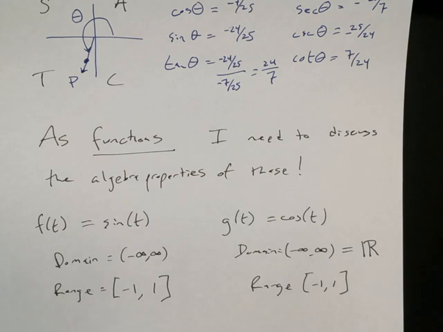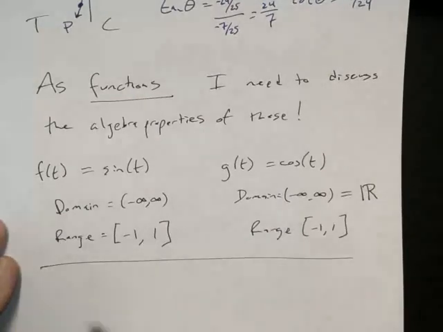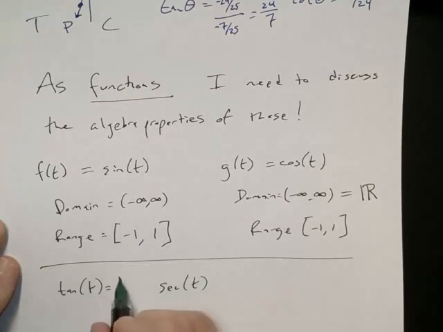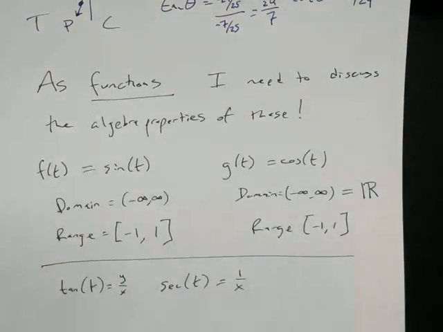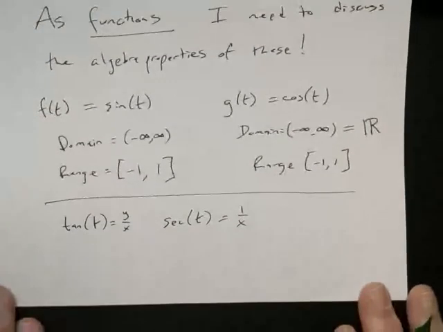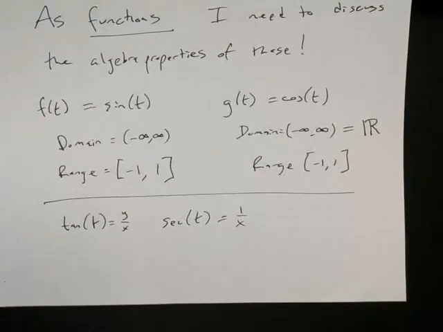Let's group the other 2 the way I did on that first page. Tangent and secant were grouped together because both of them had x's on the bottom. If I think of these as functions, they're functions involving division.